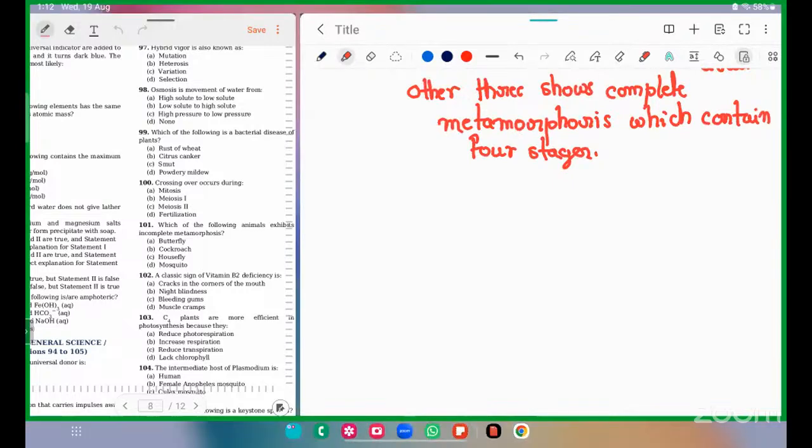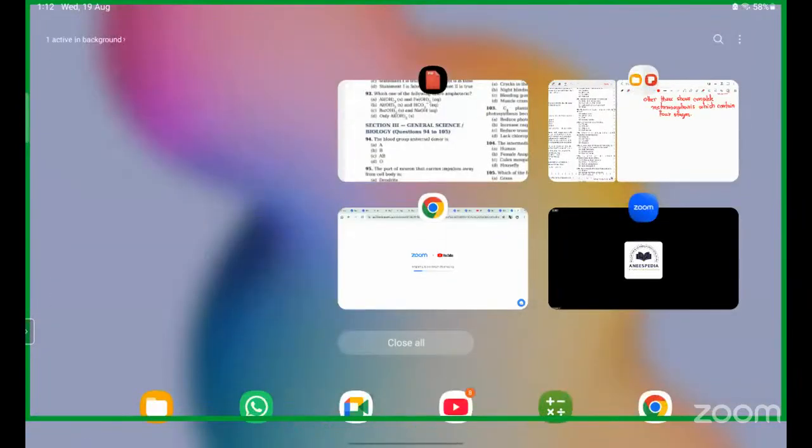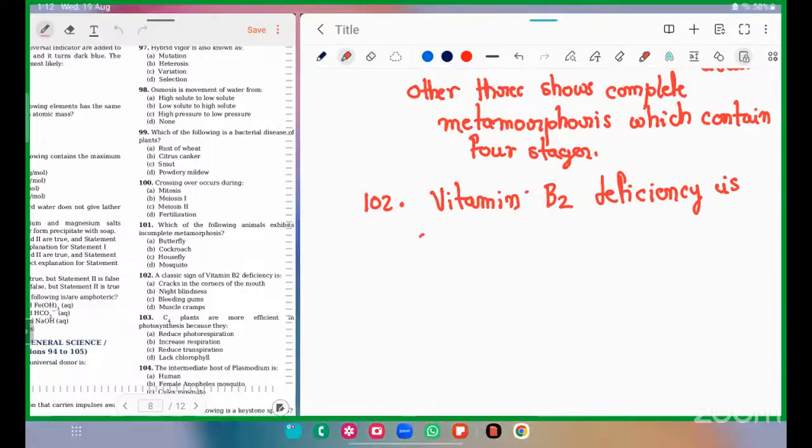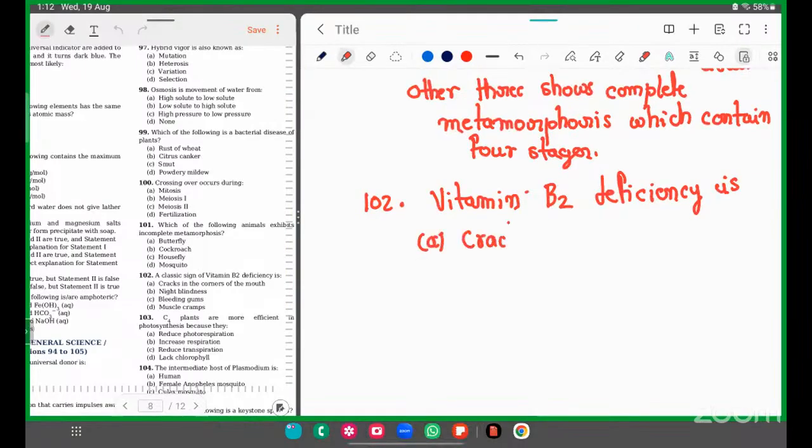So we can say the answer to 102, vitamin B2 deficiency is a crack in the corner of the mouth. The answer is A, crack in the corner of the mouth.